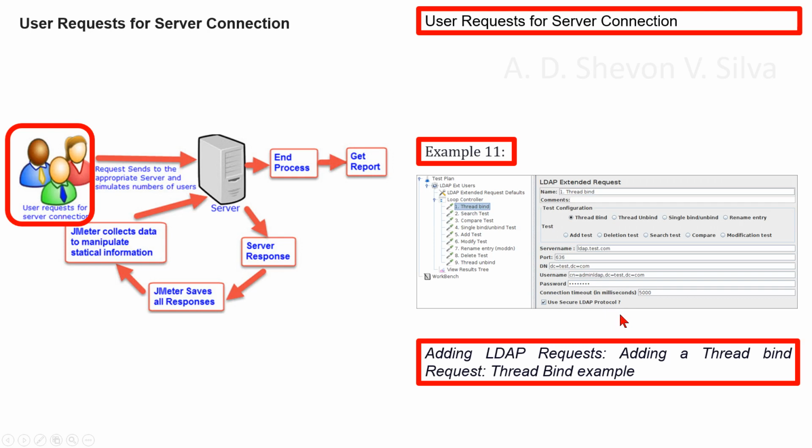Number 10 optional, check the box trust all, if you want the client to trust all certificates. Here you can see a thread bind example here.